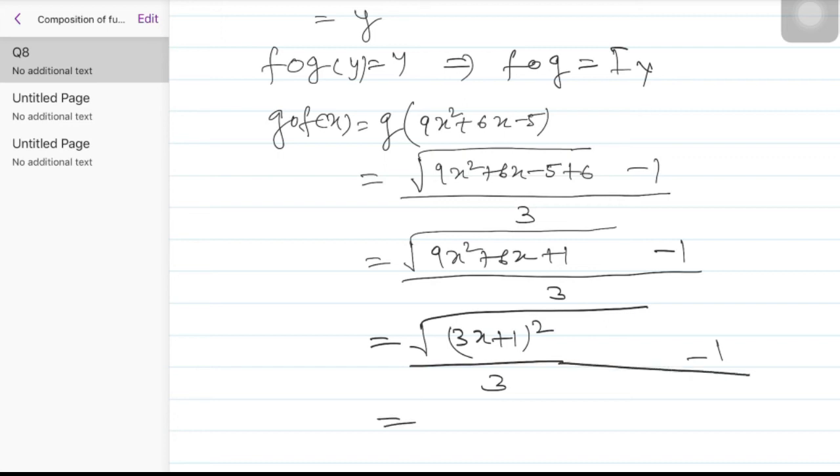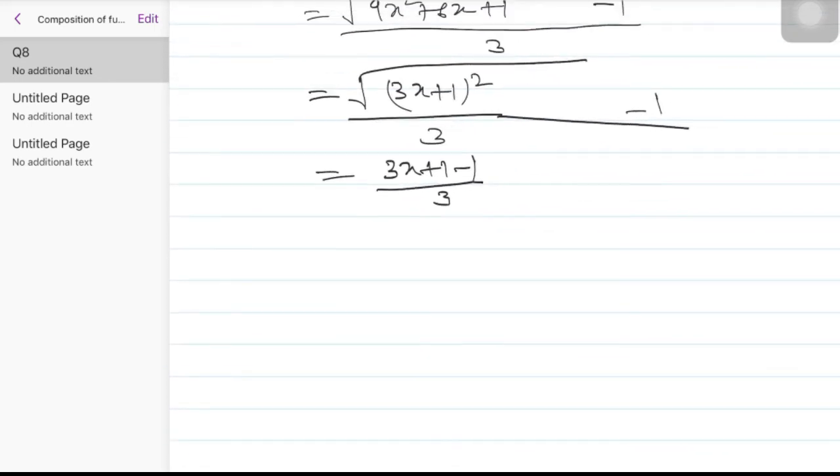Now the numerator will be 3x plus 1 minus 1, that is 3x, divided by 3, and we'll get x.